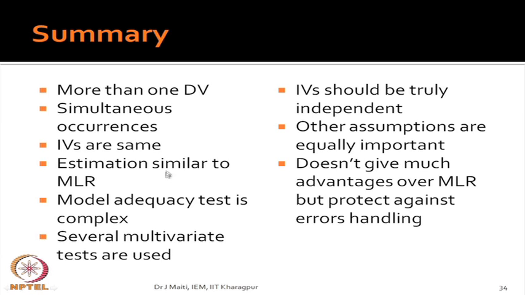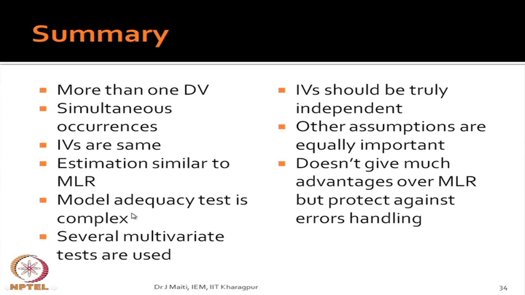From the estimation point of view, it is similar to MLR. Model adequacy test is complex because you are going for a likelihood ratio test, and there are different tests identified: Pillai's trace, Wilks' lambda, Roy's greatest root, and Hotelling-Lawley. Several multivariate tests are there, that is why this is used.